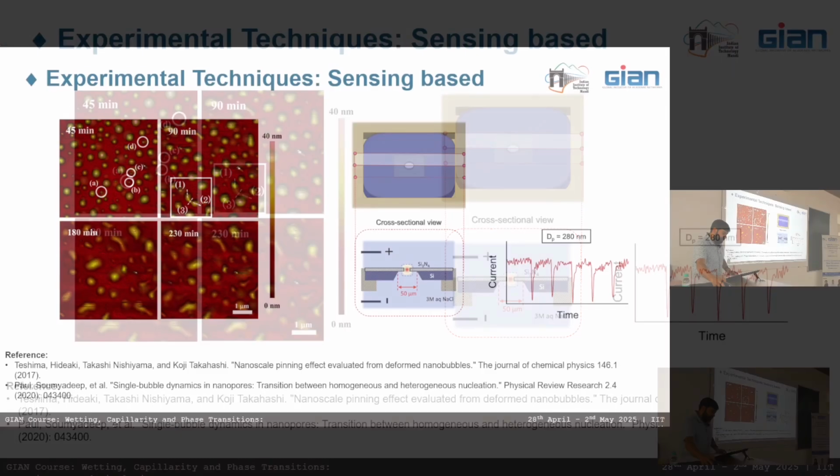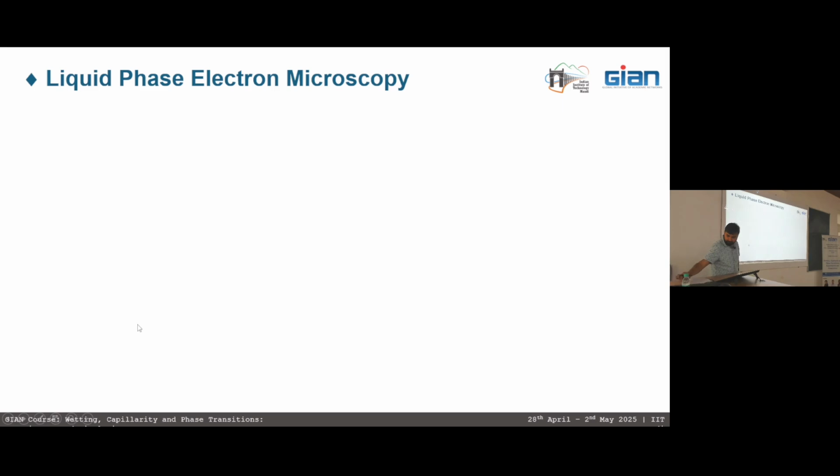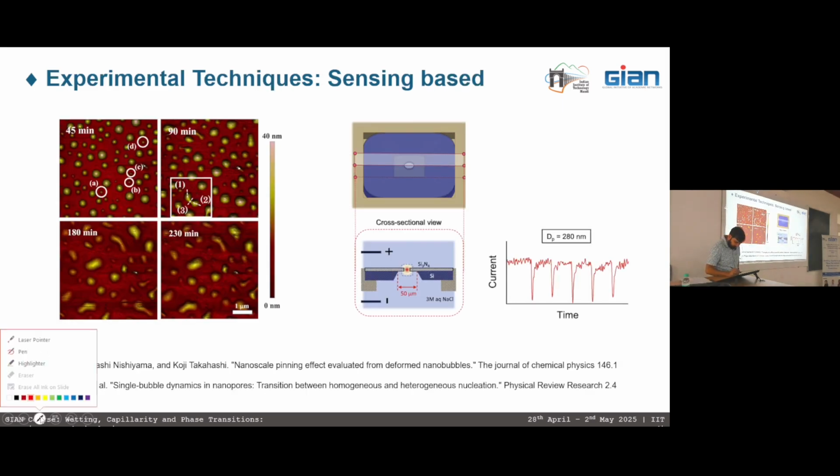In the sensing based techniques, we talk about AFM and resistive pulse sensing. This is an image from AFM. Here again the bubbles are formed using the solvent exchange method. Now what is the solvent exchange method? You take a liquid in which the gas solubility is low, such as acetone or ethanol, and then you supersaturate that liquid with the particular gas.